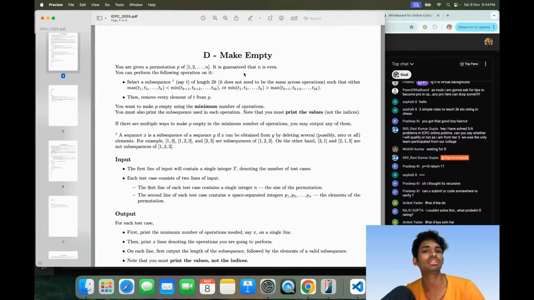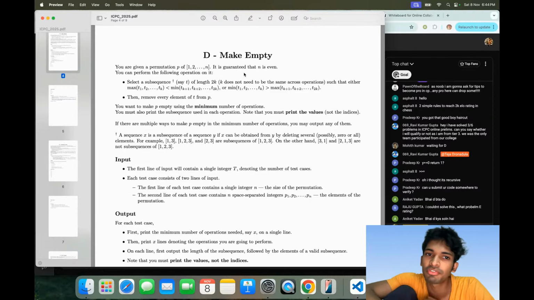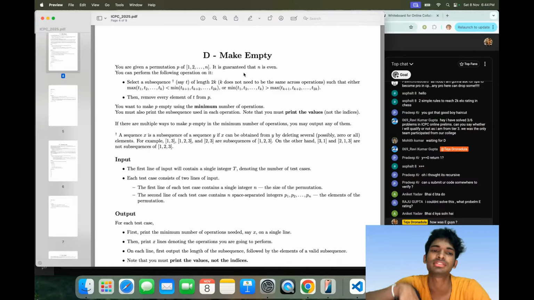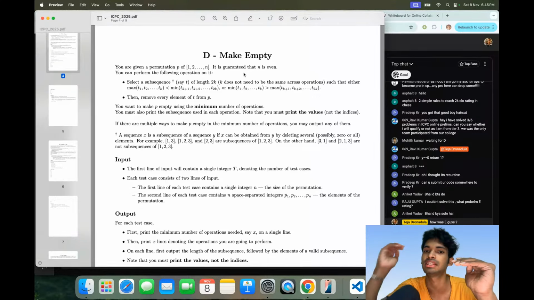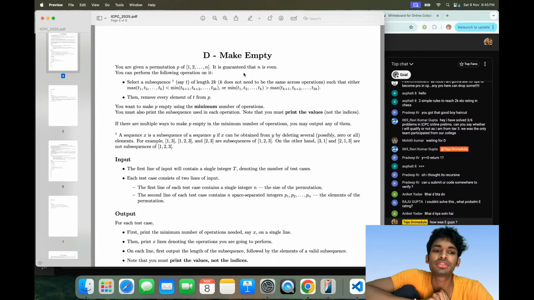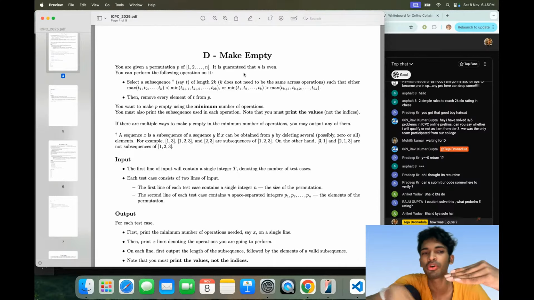You're given a permutation, it is guaranteed that n is even. You can perform the following operation on it. Select a subsequence of length 2k such that either the maximum of the first half is less than the minimum of the second half, or the reverse.